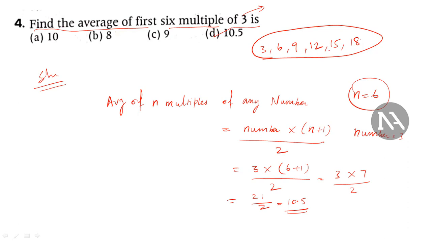So if you add all these numbers and divide it by 6, it will give you the same answer. I can check it out. So here it is 3 plus 6, that is 9, 9 plus 9 is 18, 18 plus 12 is 30, 30 plus 15 is 45, 45 plus 18 is 63, divided by 6, right?